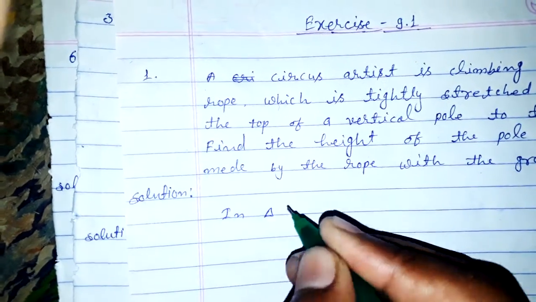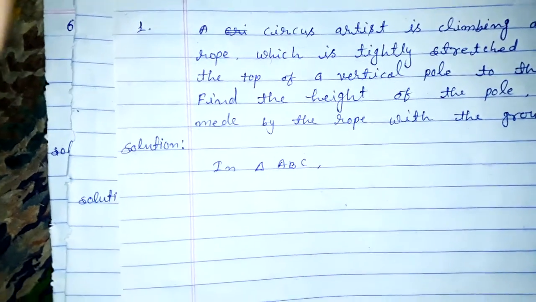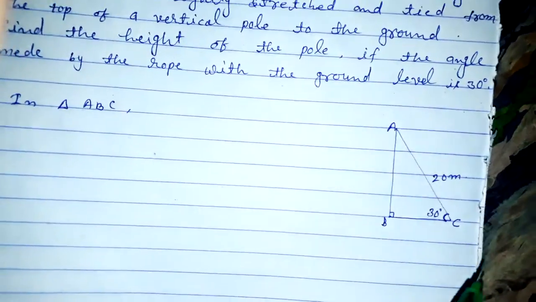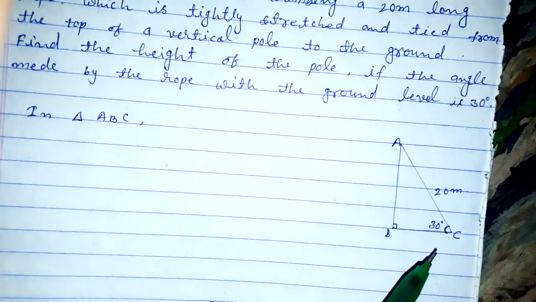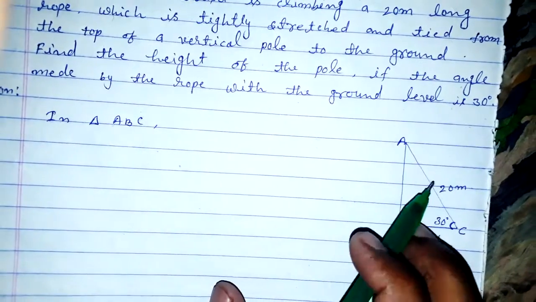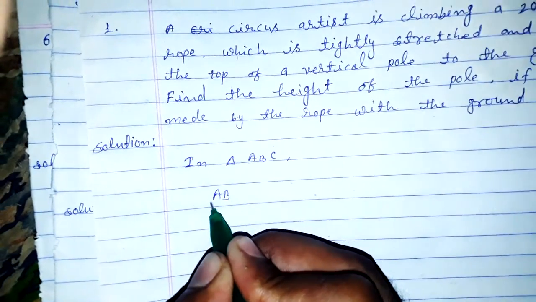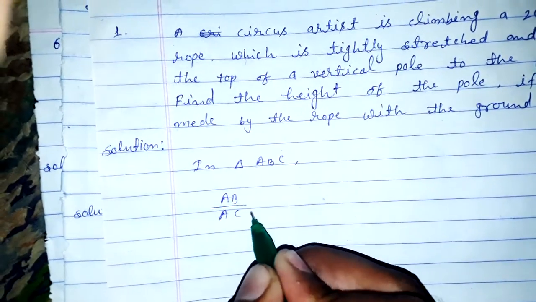In triangle ABC, take the ratio: one side is given and the second side we will find. AB upon AC.